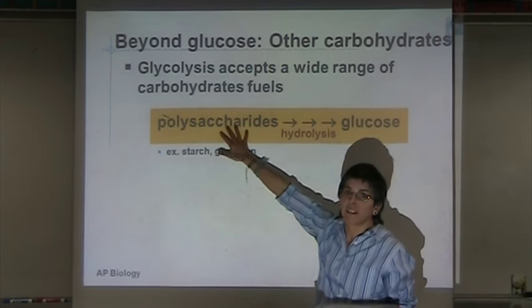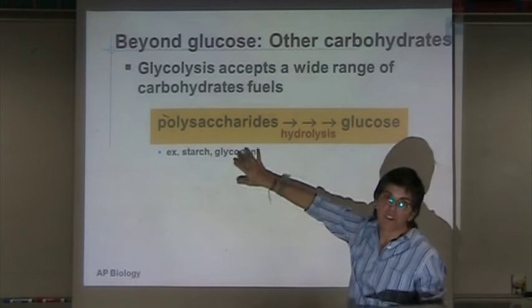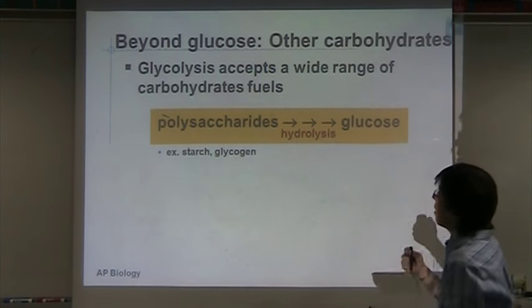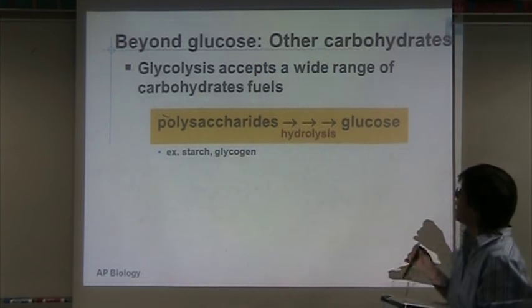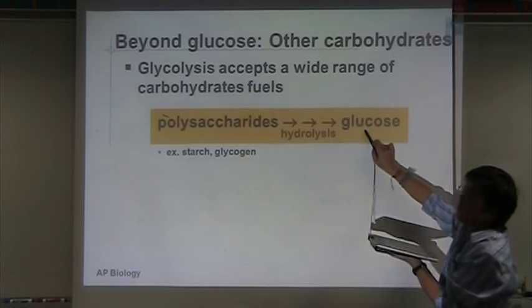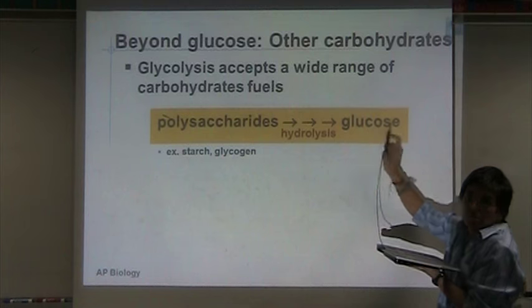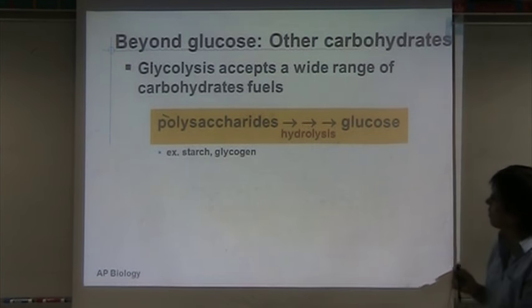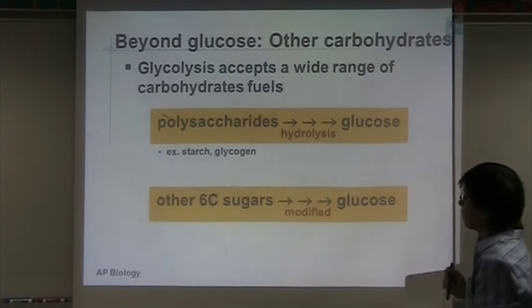Any polysaccharide that you eat, starch or glycogen that's stored in your liver, any sugars basically, through some changes, they're ultimately going to become glucose. Hydrolysis of starch produces glucose, hydrolysis of glycogen produces glucose.